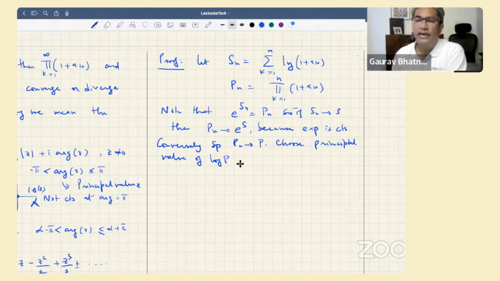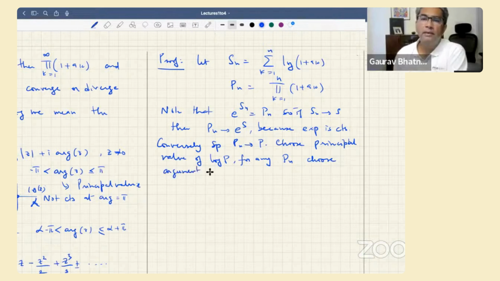And for any P_n, we choose the argument such that the argument of P_n is between the argument of P minus pi and the argument of P plus pi.